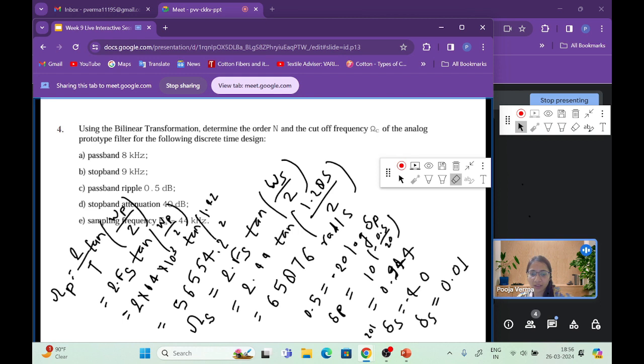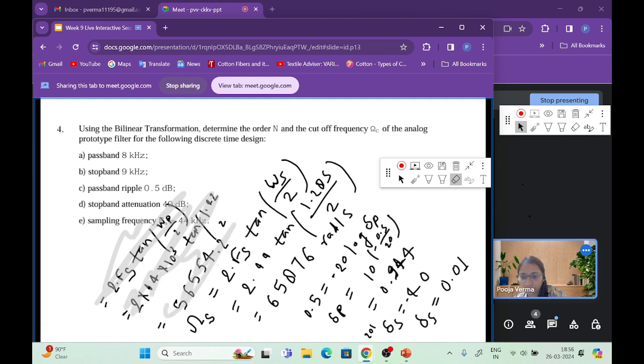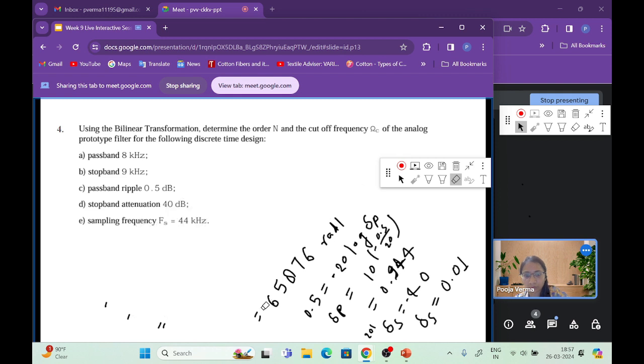You can keep these values in order to solve the other equations. Okay, I am removing all the parts. I hope all of you noted down.